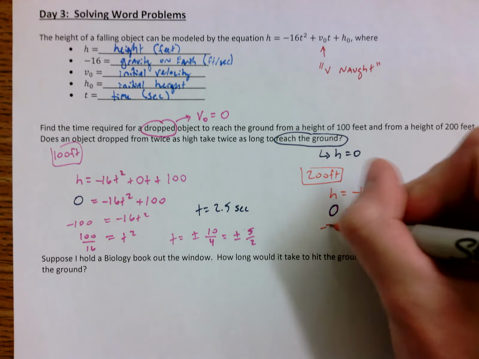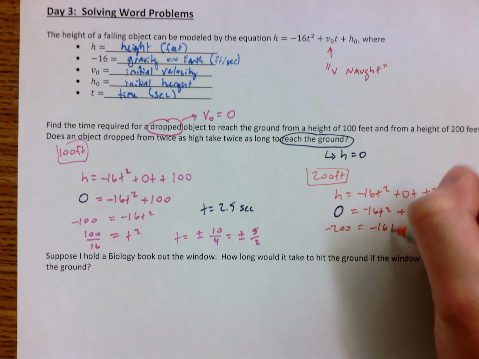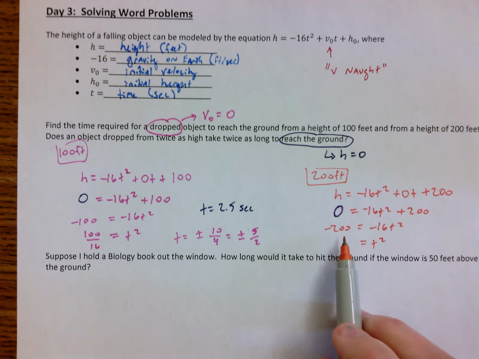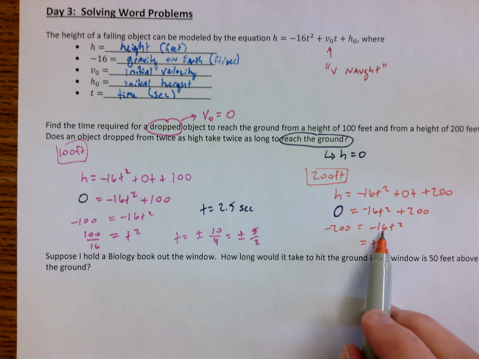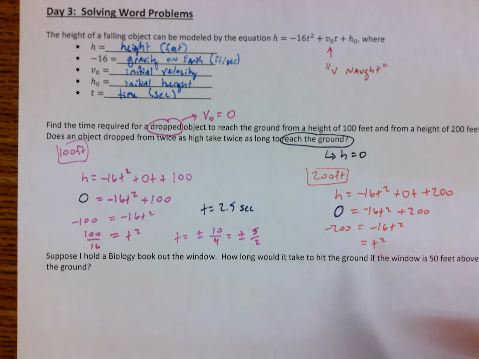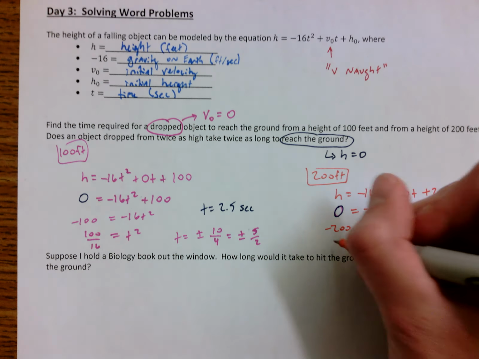Okay, so subtract the 200 from both sides. All right, and this time when I divide by the negative 16, I'm thinking to myself, 200 doesn't perfectly square root. If I divide this one in half, that's going to get me 8, and that's not a perfect square. If I divide this one by 4, that's going to give me 50. So that's not going to work terribly well either. It's just not going to work out pretty, and that's okay.